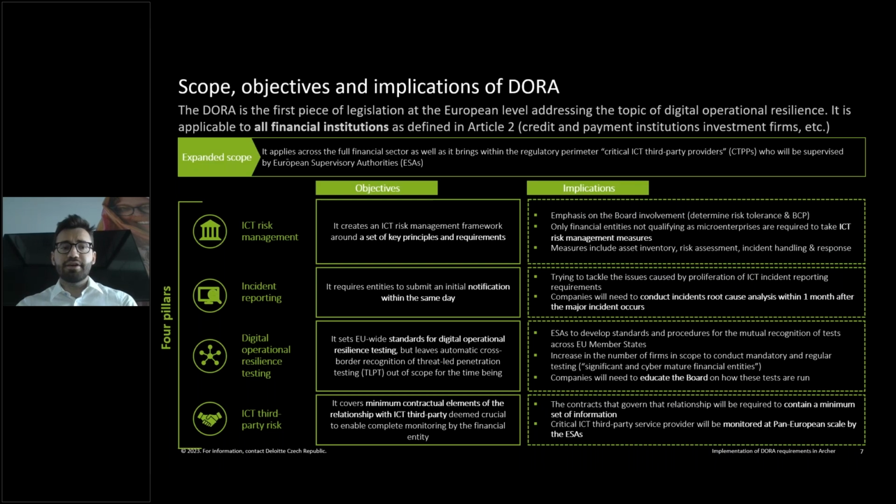The third domain is digital operational resilience testing. In this domain, financial entities will be required to test the digital resilience of their tools, systems, and infrastructure as part of the ICT governance framework. The fourth and last domain is ICT risk associated with third parties.